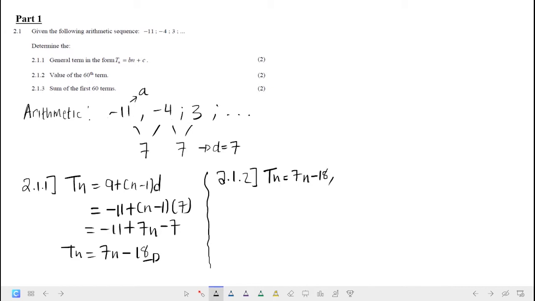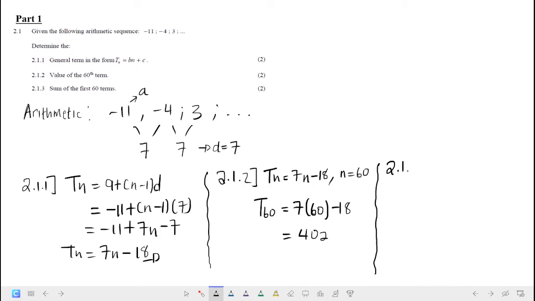We also have n as 60, because the position is the 60th term, but you need to know the value of that 60th term. So we're going to say T60 equals 7 times 60 minus 18, then press this on your calculator, and you're going to get 402.